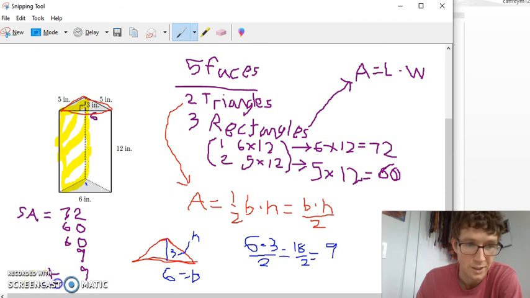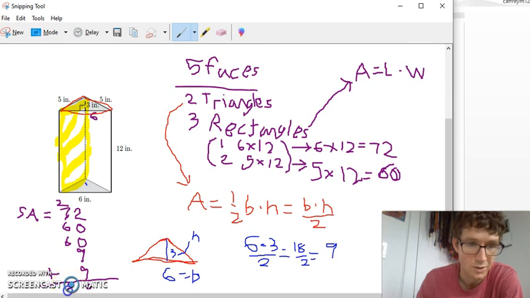To get the total surface area, we just have to add up all of them. So 2 plus 9 plus 9: 9 plus 9 is 18, plus 2 is 20, so I'm going to put a 0 right here. This is a 2. 2 plus 7 is 9, plus 6 is 15, plus another 6 is 21.